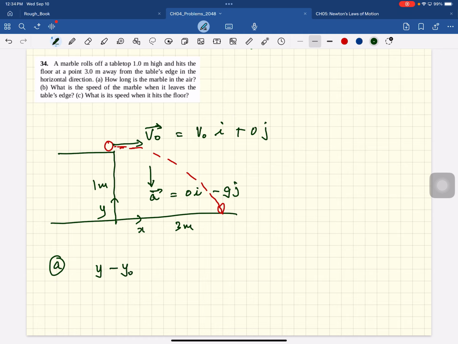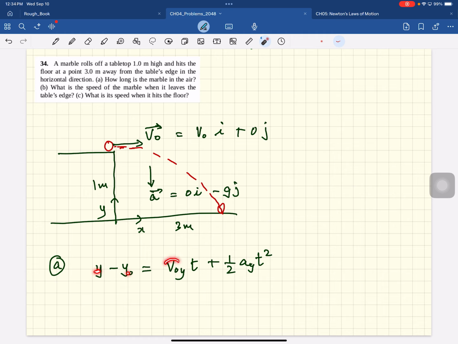y minus y naught equals v naught y t plus 1/2 a y t squared. Again, we're getting the time of flight from looking at the y component of the motion. There's the final y position. Here's the initial y position. This is 0, that is 1 meter.